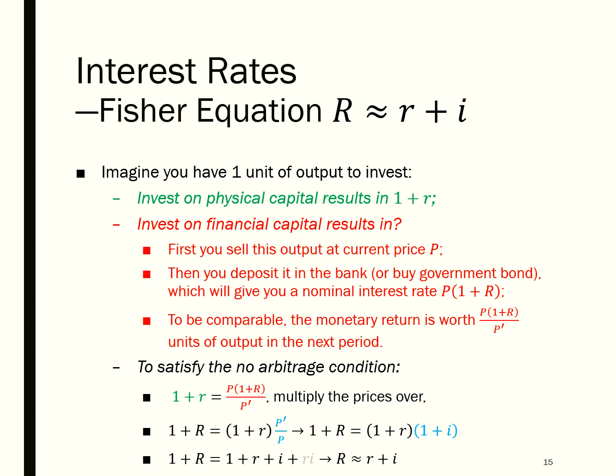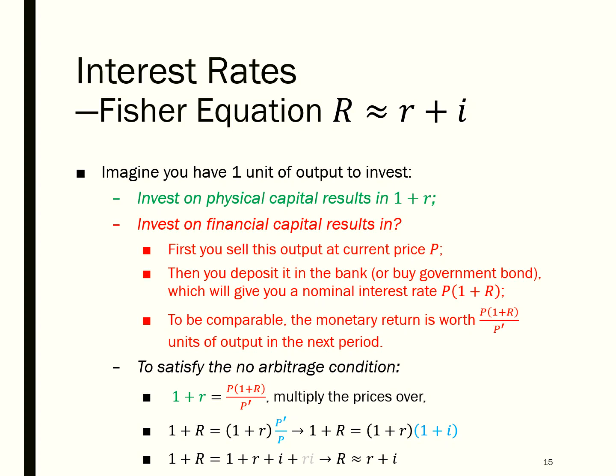Approximately, R will be equal to little r plus inflation, i, because 1 has cancelled out on both hand sides. This little r multiplied by i is ignored. So that's why we have an approximate equality here. This is what we have as the Fisher equation.